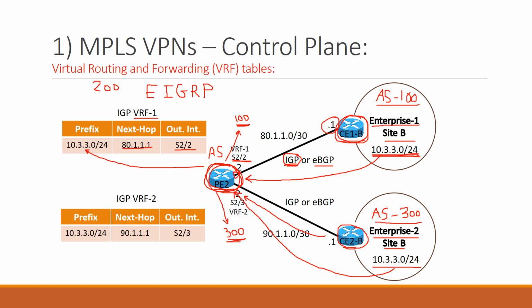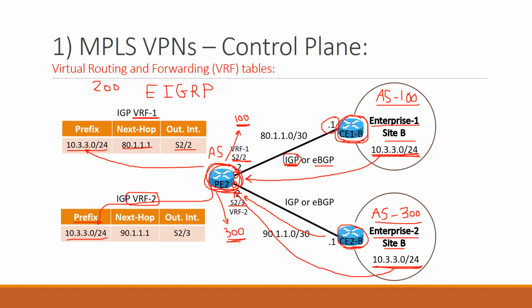So when this customer edge advertises this prefix, when PE2 receives this update from this interface serial 2/3, it will add this route to the dedicated VRF for Enterprise 2, which is called VRF2. As you can see, the two prefixes learned by provider edge 2 are the same, 10.3.3.0/24, but each one is stored in a dedicated or a specific VRF table.